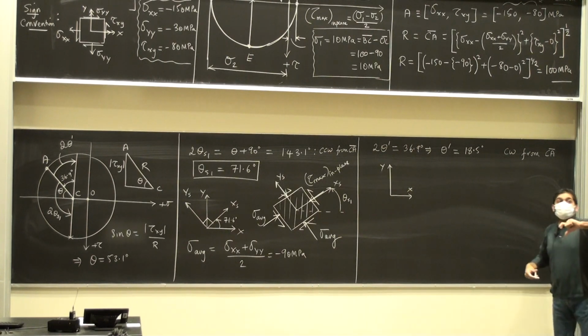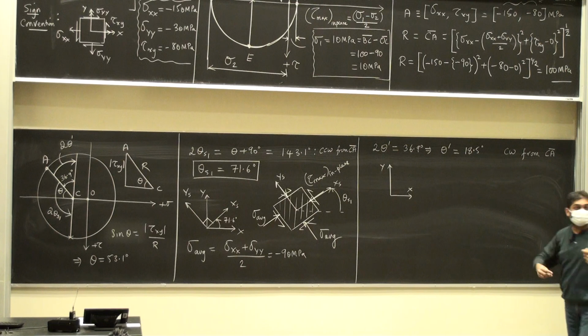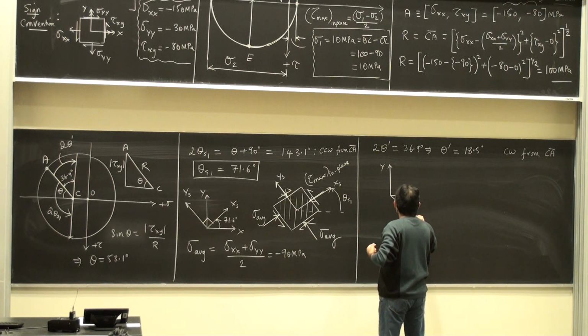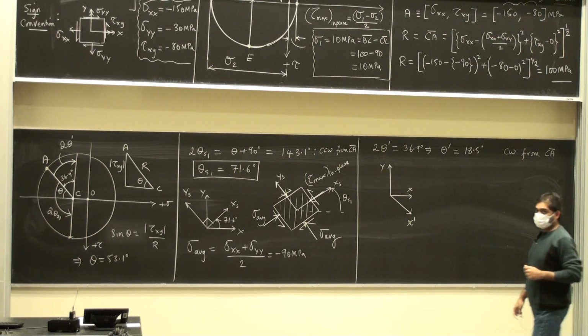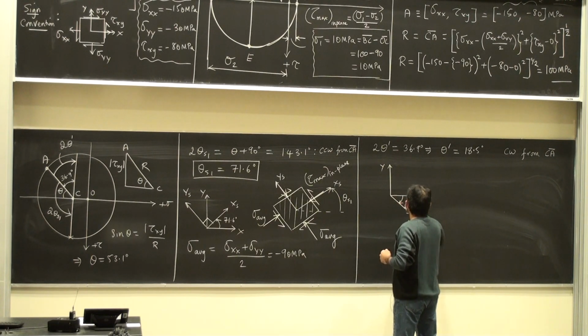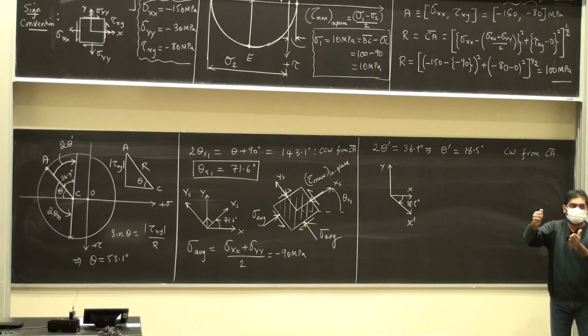Now I'm going to go clockwise with respect to the x-axis by an amount theta prime, which is 18.5 degrees. So clockwise. Let me call that the x prime direction, 18.5 degrees. Where's the y prime direction? From x prime, I rotate 90 degrees to draw my y prime.